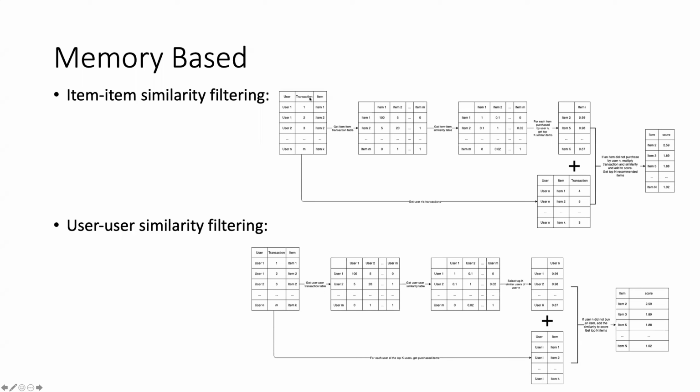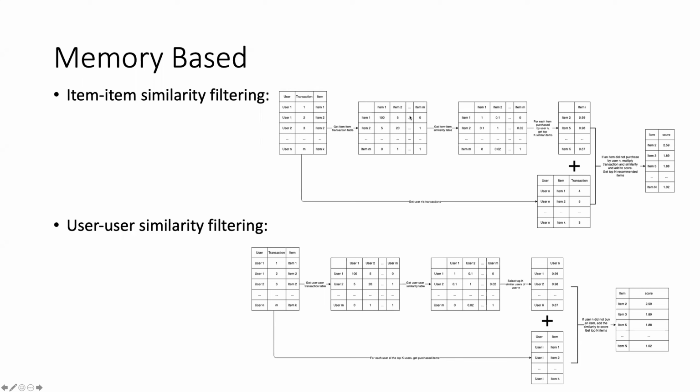For example, here we have the transaction history of all the users: what user 1 purchased, what user 2 purchased, and so on and so forth. Based on the transactions, we can find out how many times, when people purchase item 1, they also purchase another item.